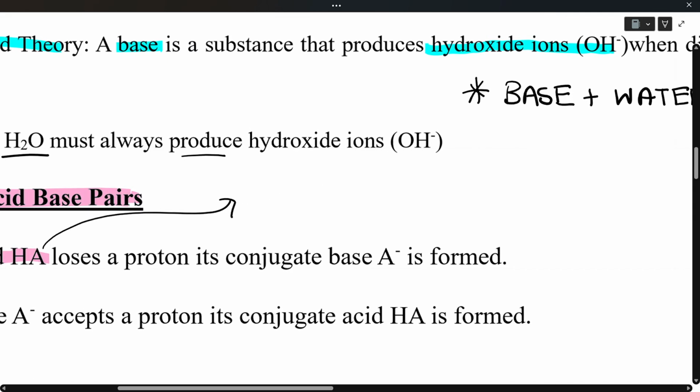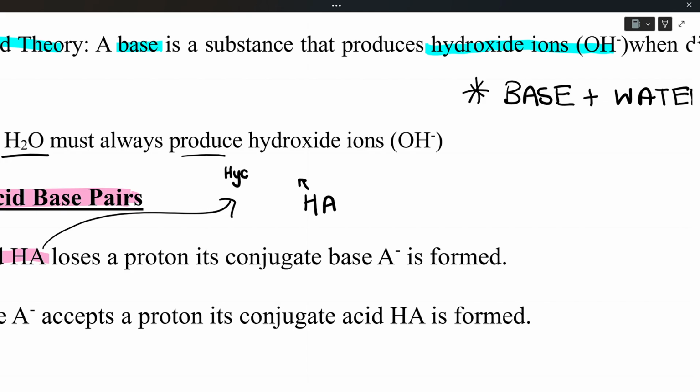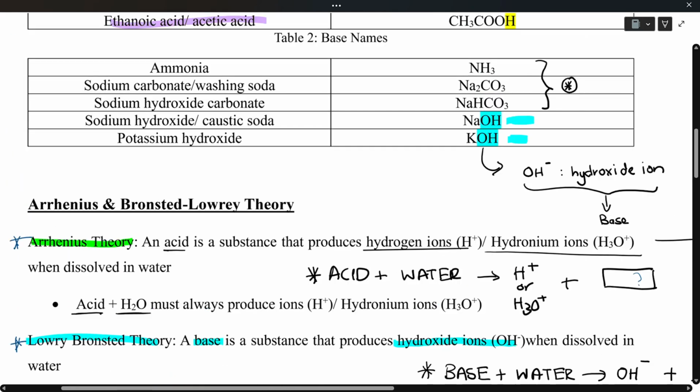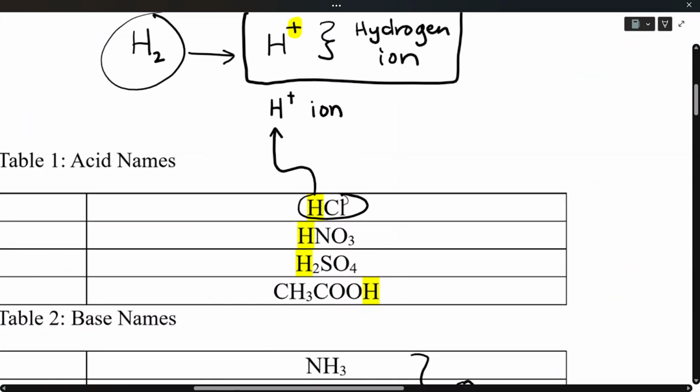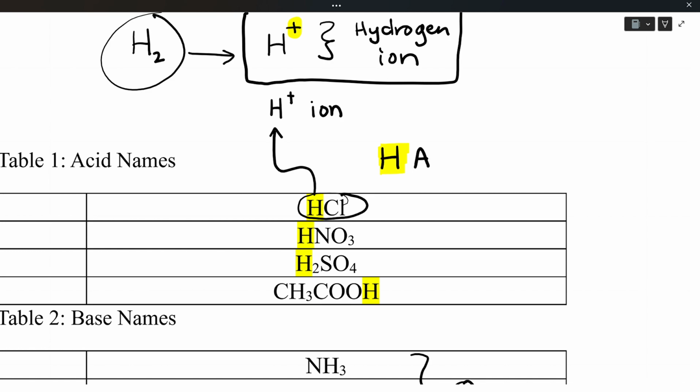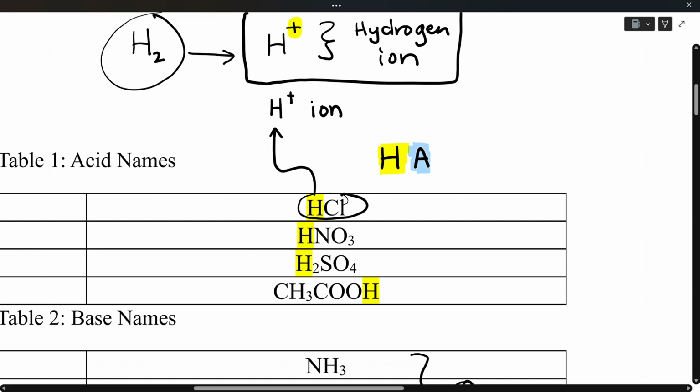So the H here is your hydrogen ion. Okay, and A stands for acid. So this is not a chemical formula, it's just a representation of an acid. Okay, in other words, let me just show you from the table. If you look at the table, HA, the H stands for the hydronium or the hydrogen ion, highlighted there in yellow, and the A can take a placeholder of any element.